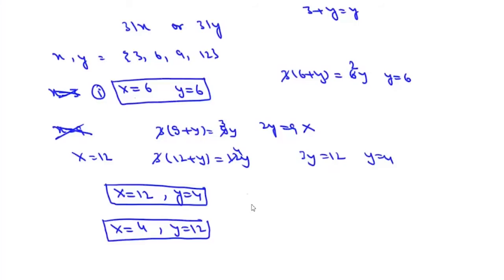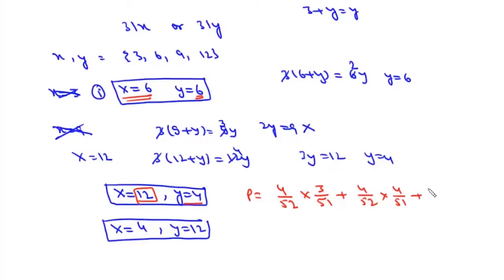Now this required probability will be given by, now probability that x is 6. So this probability will be simply 4 by 52, and then into next one is also 6, and there will be 3 by 51 plus. Now x equals 12, so it will be 4 by 52, and y equals 4, which again is 4 by 51.